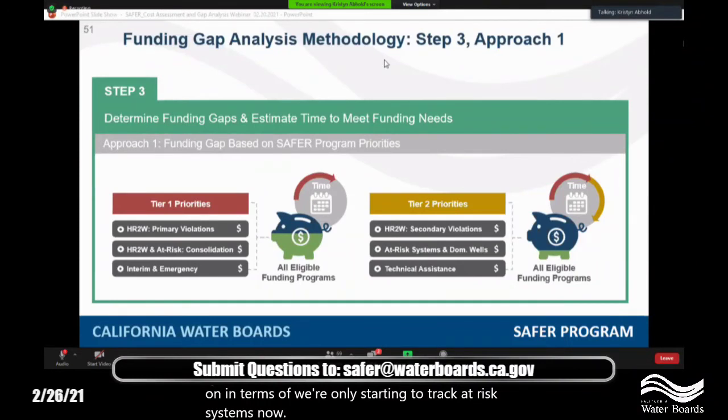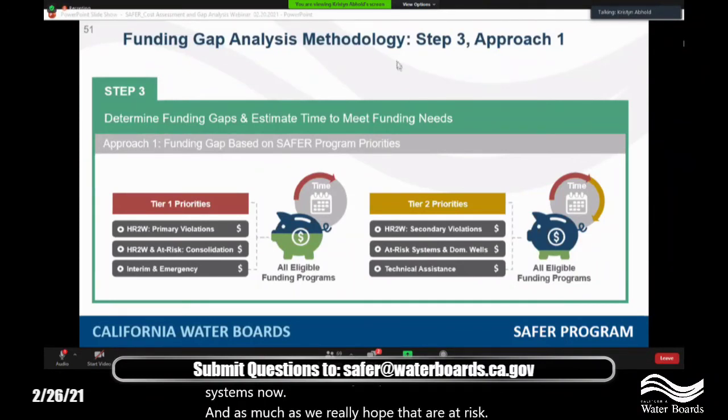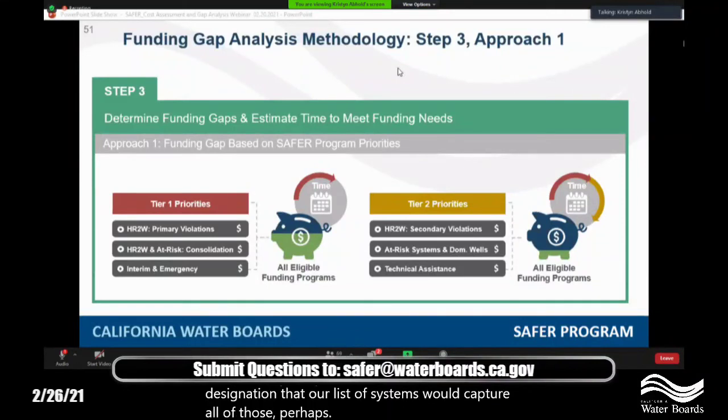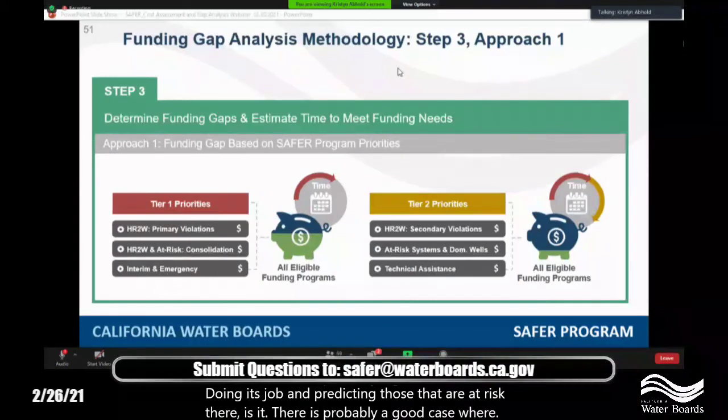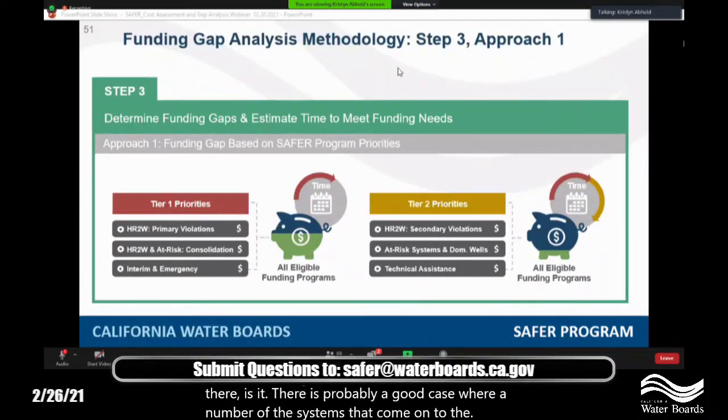And as much as we hope that our at-risk list would capture all of those that would then come onto the human right to water list, really doing its job and predicting those that are at risk, there is probably a good case where a number of the systems that come onto the human right to water list maybe weren't captured in the at-risk list.